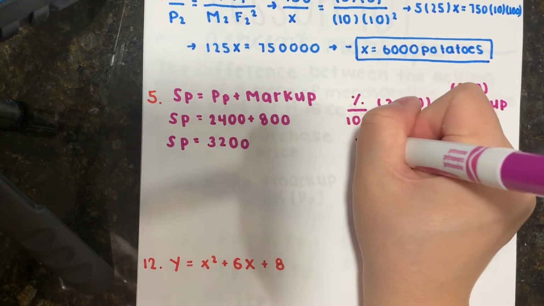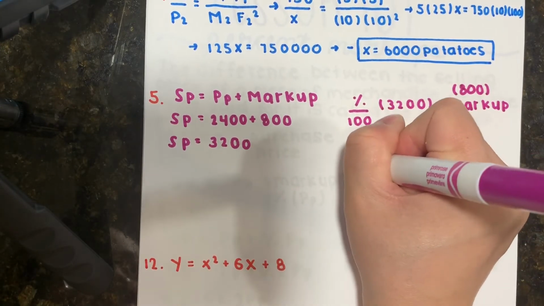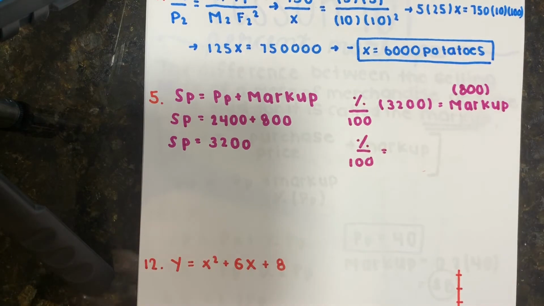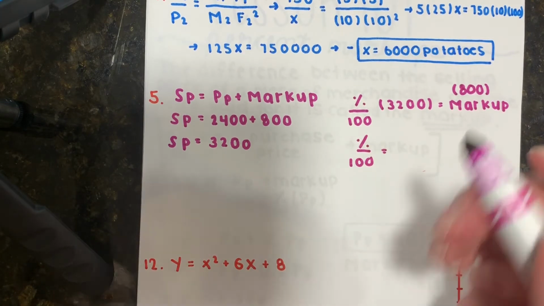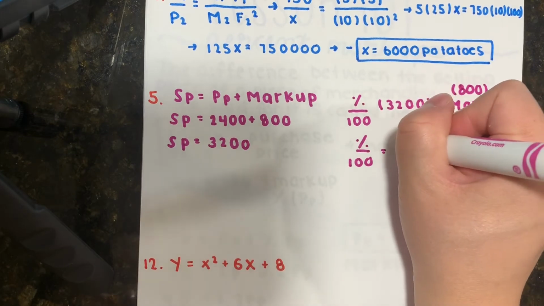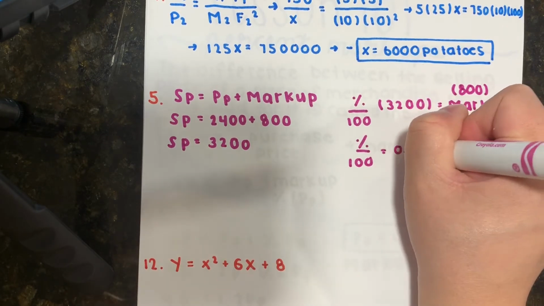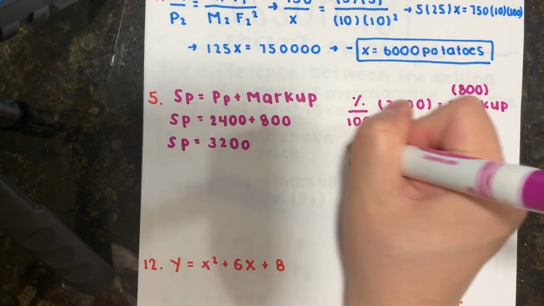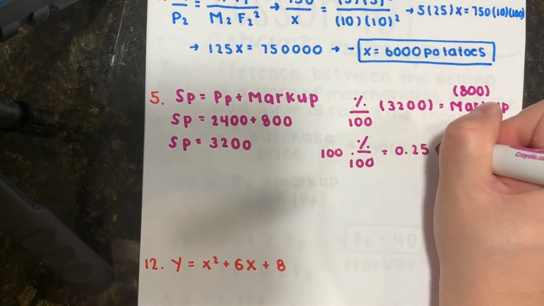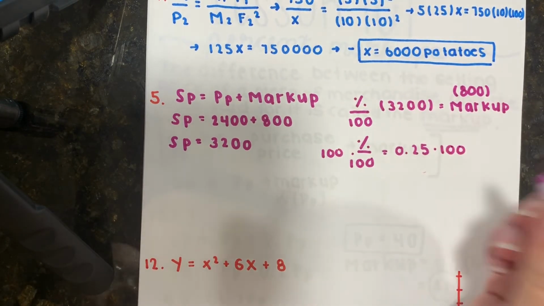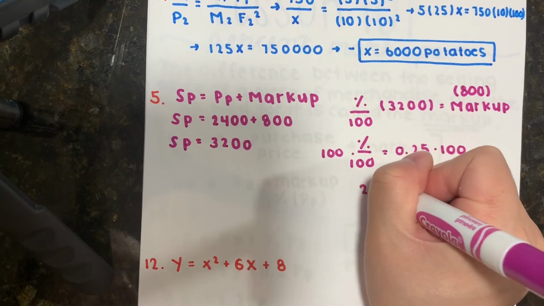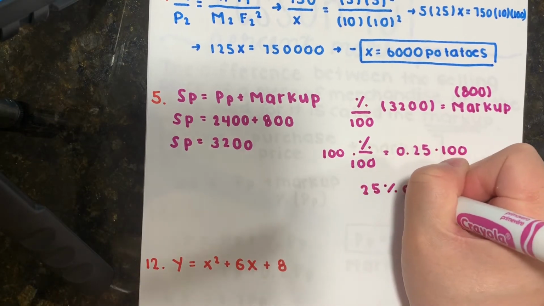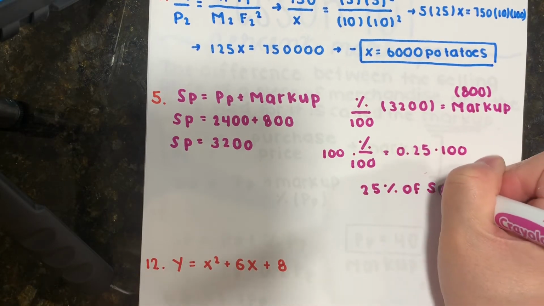So I would have percent over 100 equals 800 divided by 3,200, and that would give me 0.25. Then I'm going to multiply both sides by 100, and that would be 25% of the selling price.